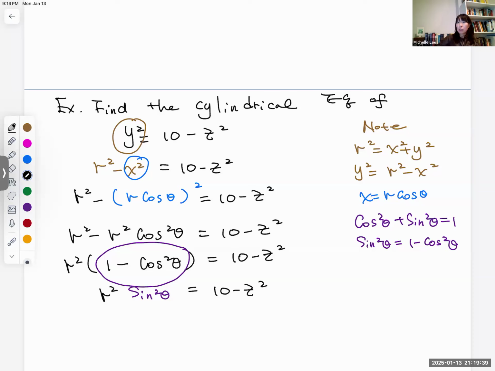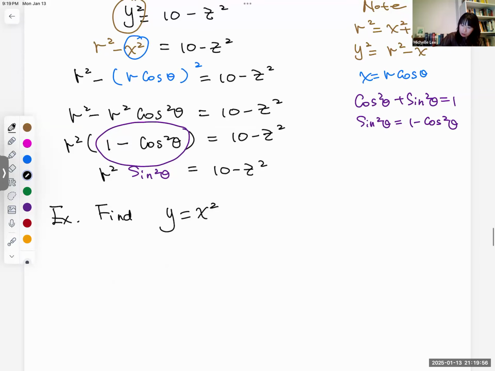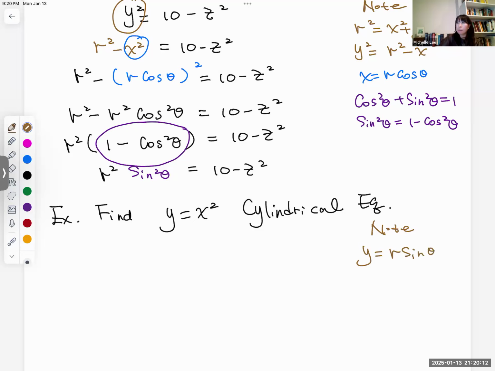All right, how about this? Find the cylindrical equation of y equals x squared. Okay, note y equals r sine theta, right?